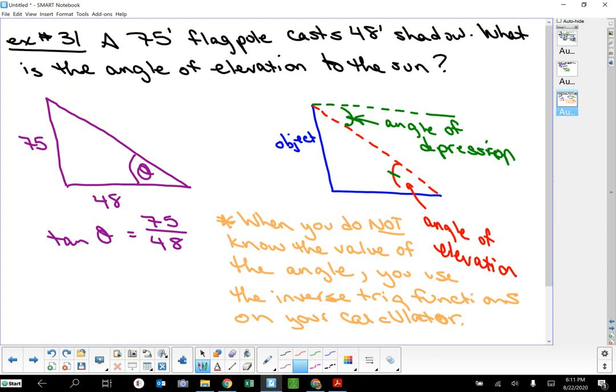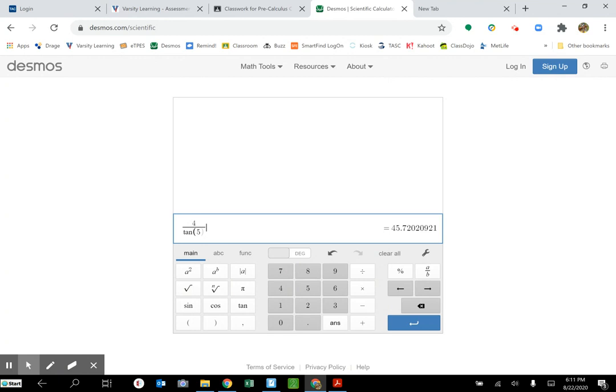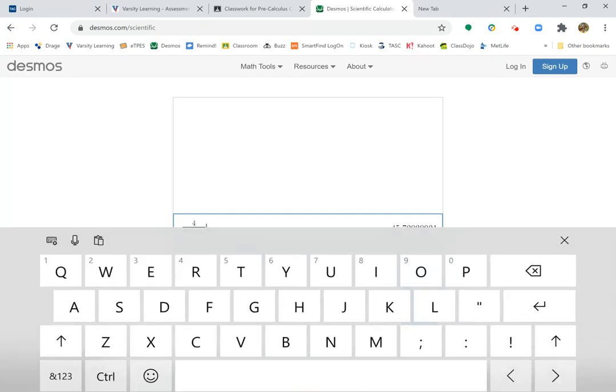Let me just show you where you find those over in the Desmos calculator. So they don't show up right here. You have to actually hit the function button.